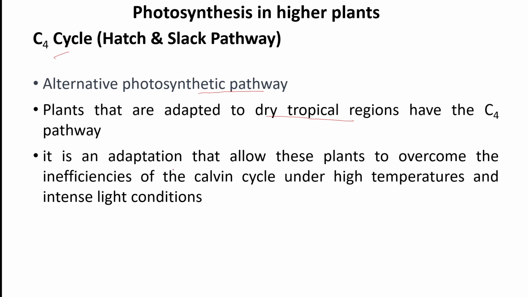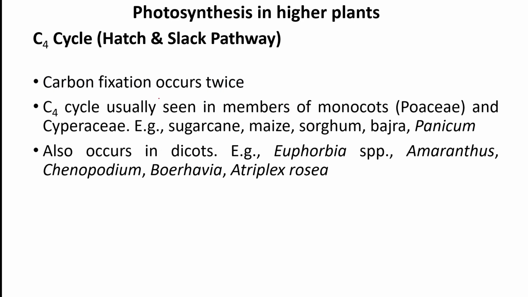The C4 cycle is an adaptation that allows plants residing in tropical regions to overcome the inefficiencies of the C3 cycle under high temperature and intense light conditions. Another very important point to remember is that carbon dioxide fixation takes place 2 times in the C4 cycle. In the C3 cycle, carbon dioxide fixation was only 1 time, with the help of the enzyme Rubisco.